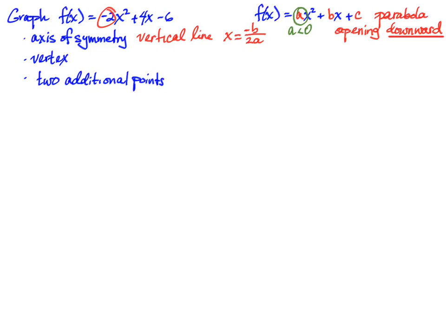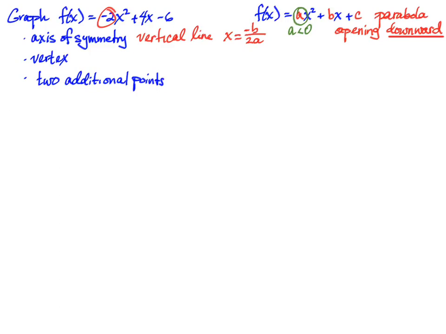The vertex of our parabola is the highest or the lowest point on our parabola. In our case, since our parabola opens downward, our vertex is actually the highest point. Now, the vertex always lies on the axis of symmetry. So it lies on our parabola, and it lies on that vertical line, x equals negative b over 2a.